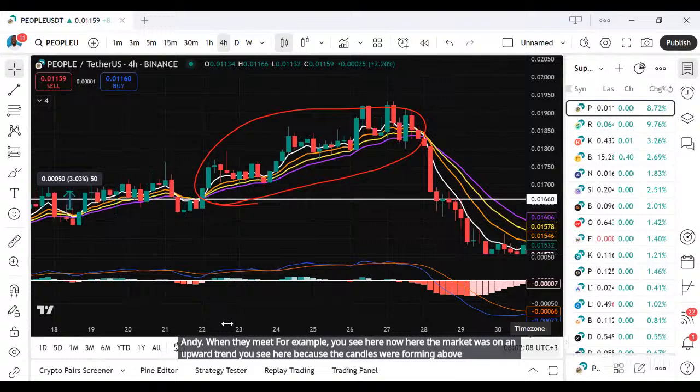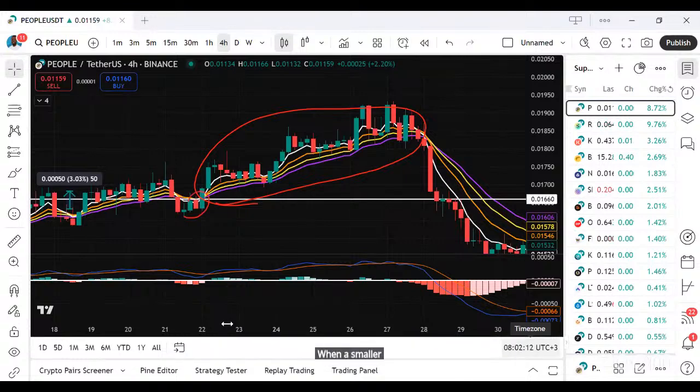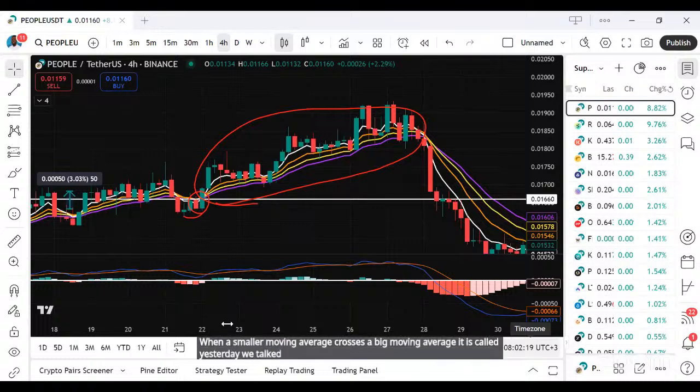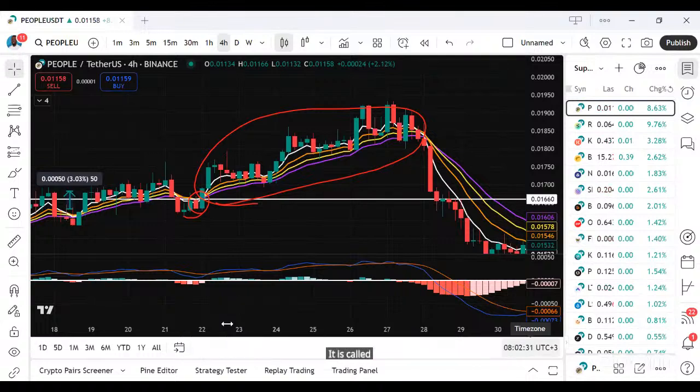Now what happens, ladies and gentlemen? When a smaller moving average crosses a big moving average, it is called, yesterday we talked about it, you see here the 5 crosses above, it is called the golden cross. Thank you, Eric.